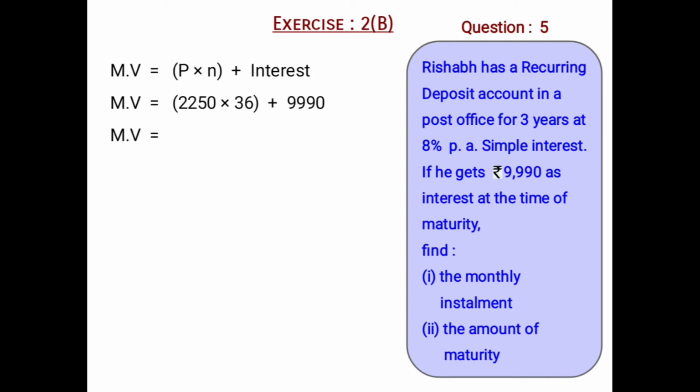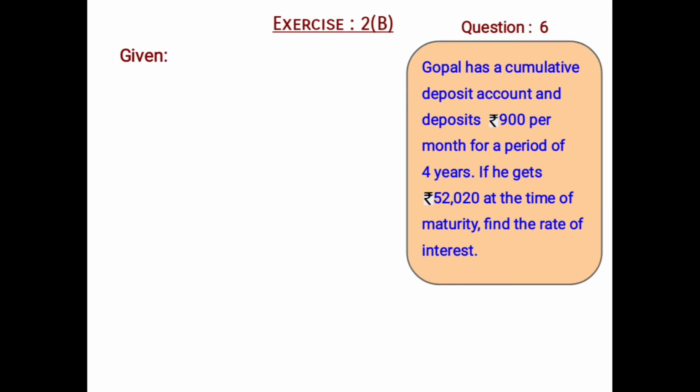Now MV is equal to 2250 into 36, 81,000 plus 9990. On adding these two, we will get MV is equal to rupees 90,990.